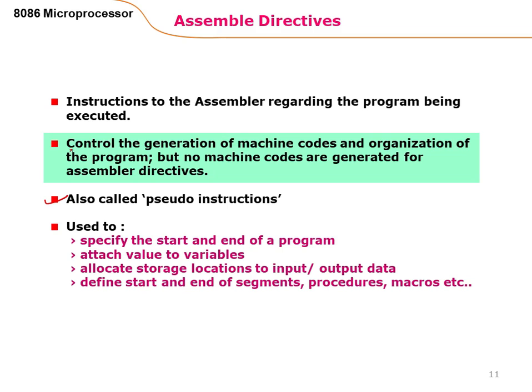They are used to control the generation of machine code, and they are used to organize the program. But machine code is not generated for assembler directives. Therefore, they cannot be considered instructions, but they direct the assembler. So these are called pseudo instructions.